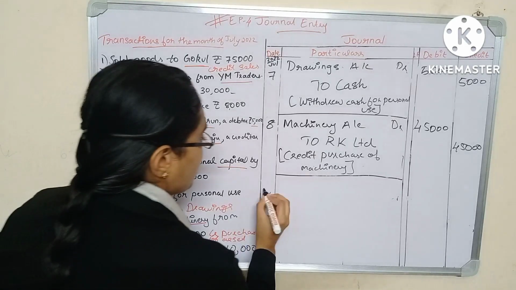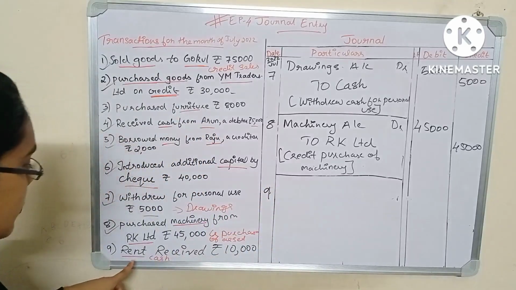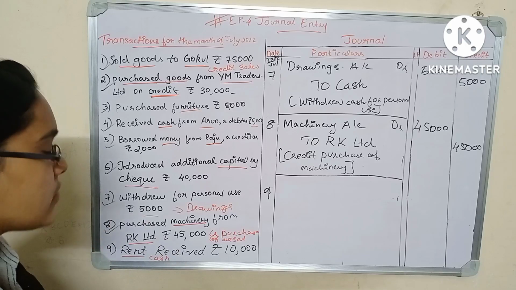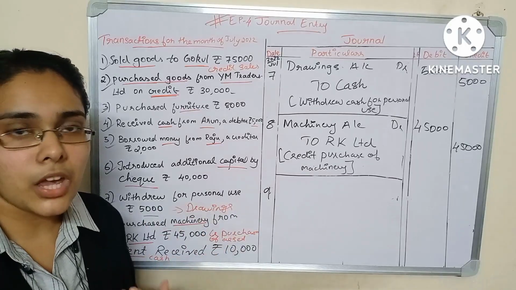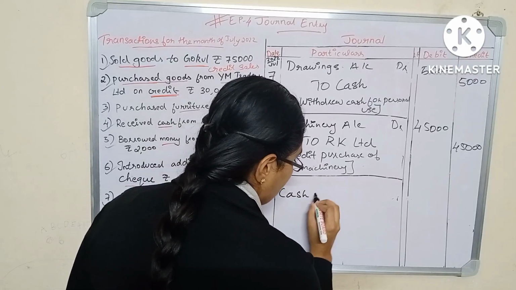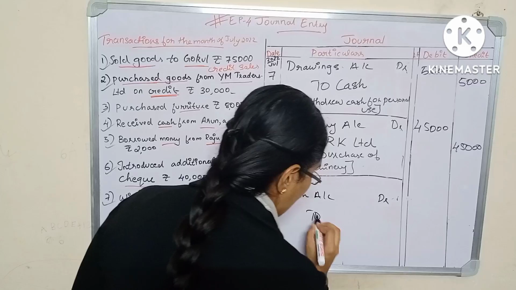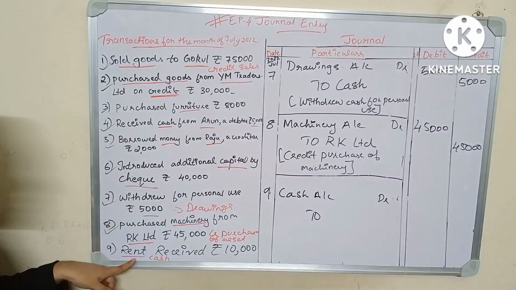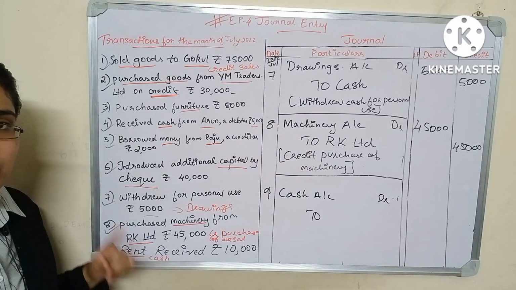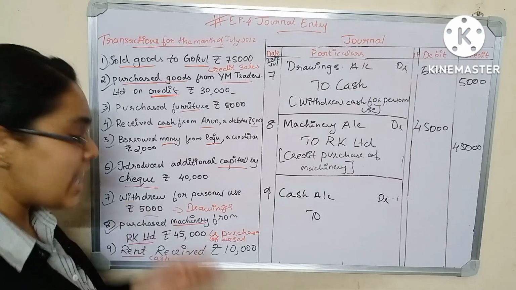So 9th of July. What is the transaction? Rent is received. So analyze: cash is coming into the business, so you will debit the cash account. Cash account debtor to, you received what? Rent. Rent is an income. Remember the nominal account rule: credit all incomes and gains.